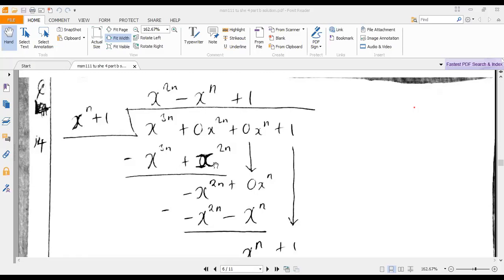So when you subtract this guy, you get this one, isn't it? When you have this guy here, your next job is you get this one here in front. You say x to the power 2n into this guy here. It will give you minus x to the power n when you do those indices. Then you take this guy and multiply it with the same thing here. It will give you negative x to the power 2n. Then you take the same thing and multiply it by 1, it will be minus x to the power n.